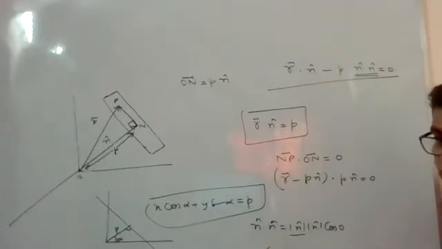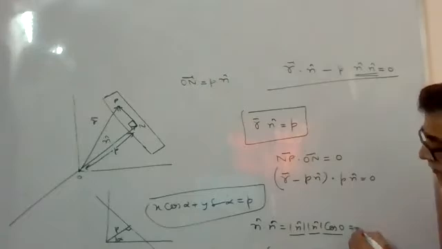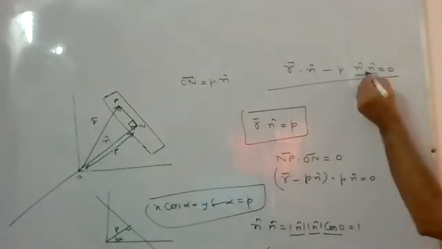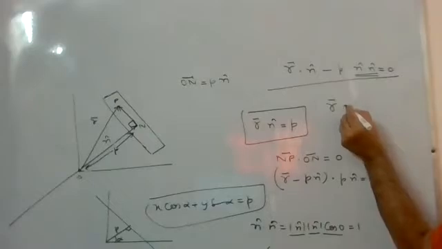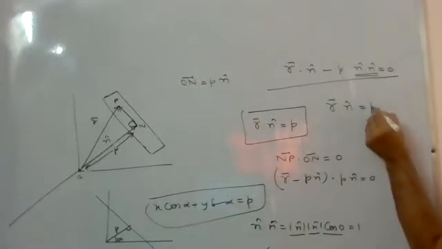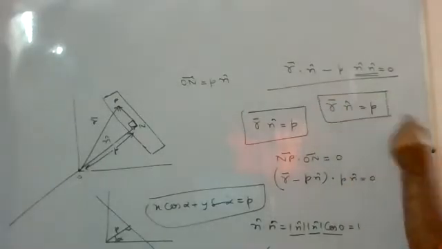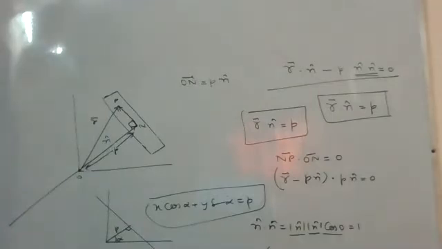This is 1 because it is a unit vector, this is 1 because it is a unit vector, cos 0 is also 1, so your value is 1. This means this part became 1. So the equation I got is R dot n cap equals p. This is the normal form of the plane.